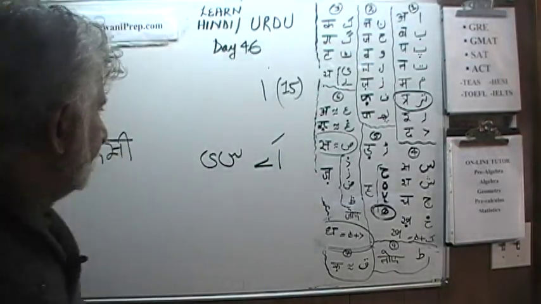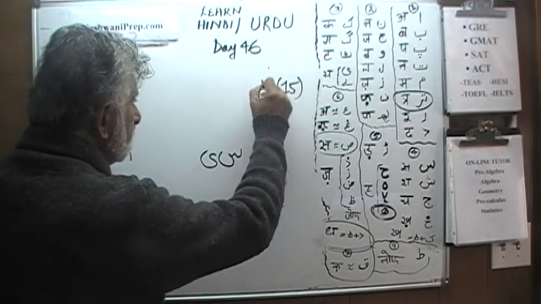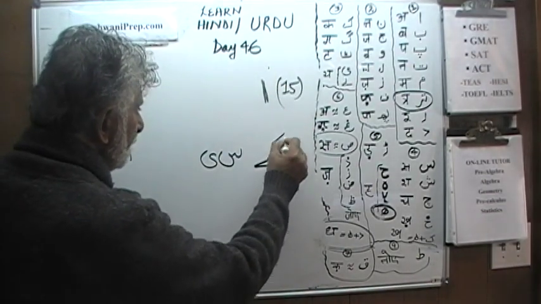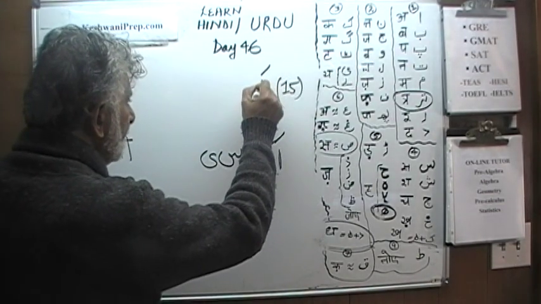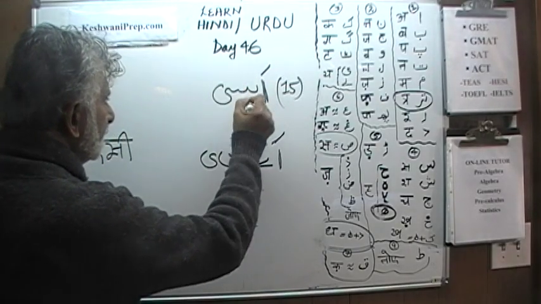Aisa. Let's put it together. So here's our alif, on which we're going to need a zabar. Then we have a ye, then a seen, and a choti ye.